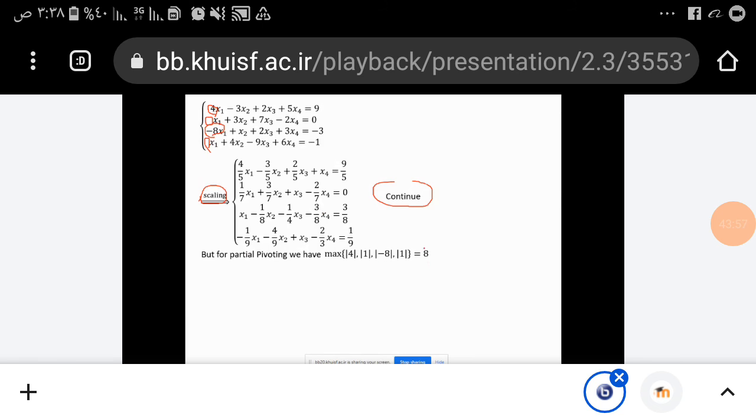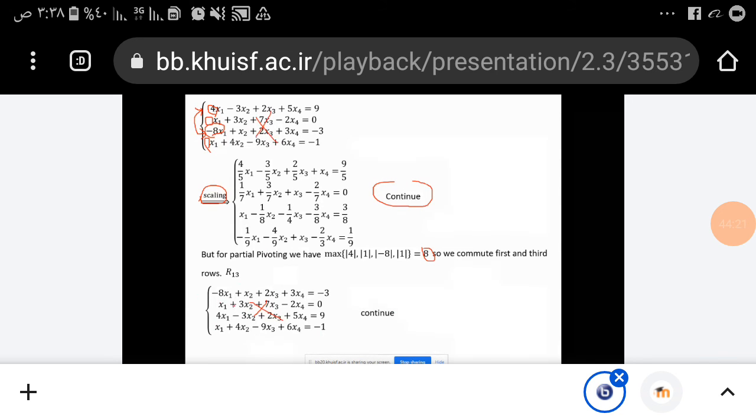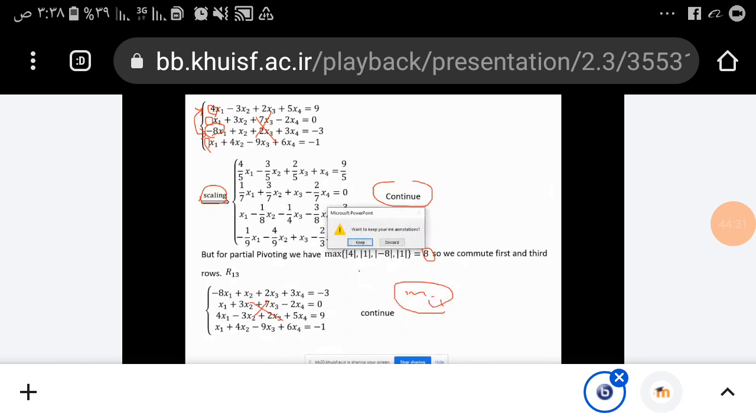The maximum occurs in 8, in the third row, and we change the first and third rows, R1 3. We have this system. The solution of this system is the same. So you can continue and calculate all of the Mi1. All of them are less than or equal to 1.